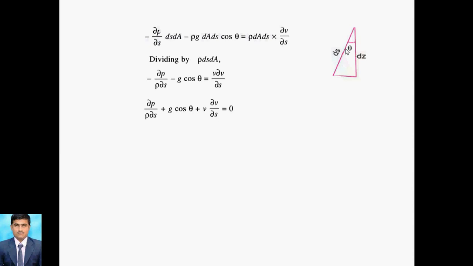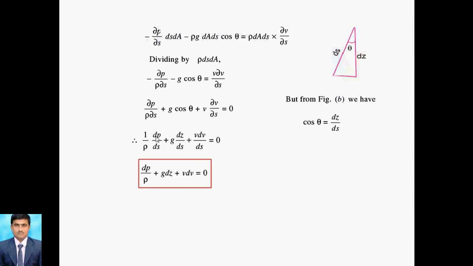Here the hypotenuse is dz and the adjacent side is ds, so cos theta is dz by ds, from figure B. If you put this value, g dz by ds, the ds cancels out, and we get 1 by rho dou p plus g dz plus v dv.